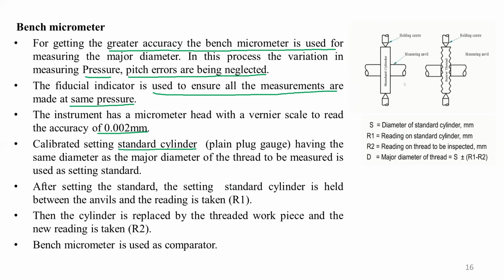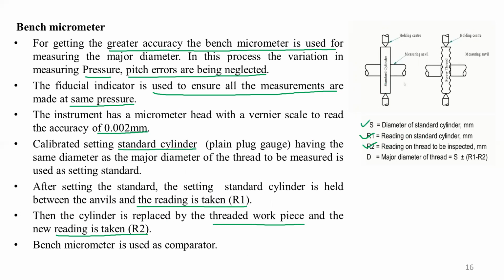After setting the standard, the standard cylinder is held between the anvils and the reading R1 is taken. Then the cylinder is replaced by the threaded workpiece and the new reading is taken as R2. Here R1 is the reading on the standard cylinder and R2 is the reading on the inspected workpiece.